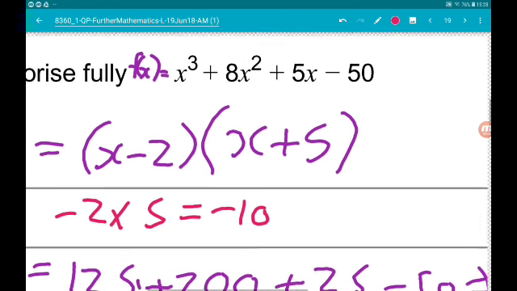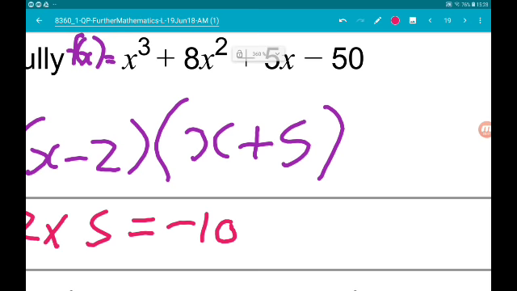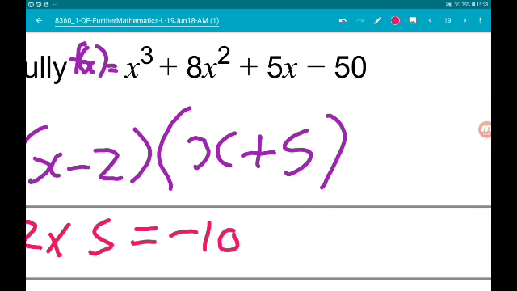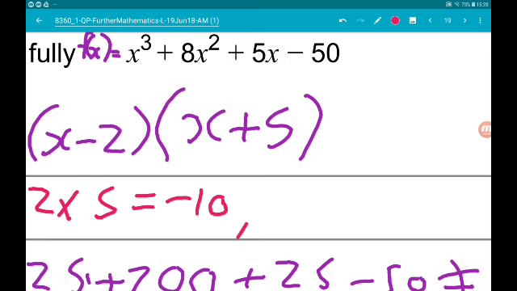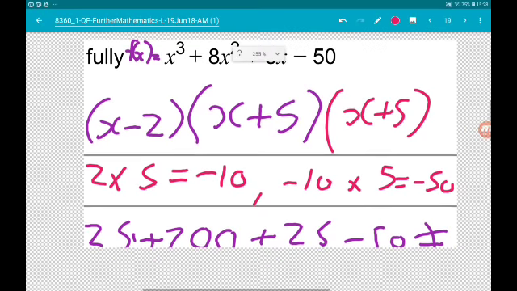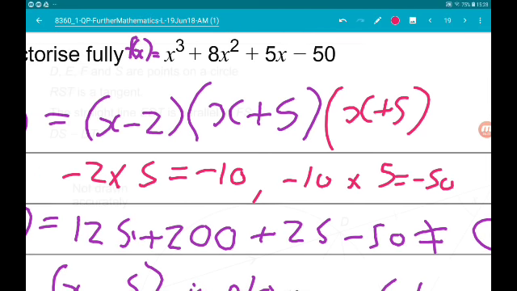So to get the third factor, we can use the fact that the minus 10 needs to multiply by a number to give us minus 50. So minus 10 times positive 5 is going to give us minus 50. So the third factor is also x add 5. So there he is, fully factorised.